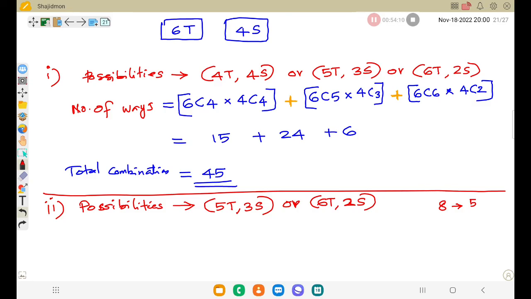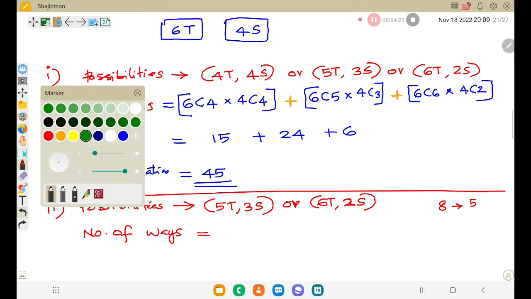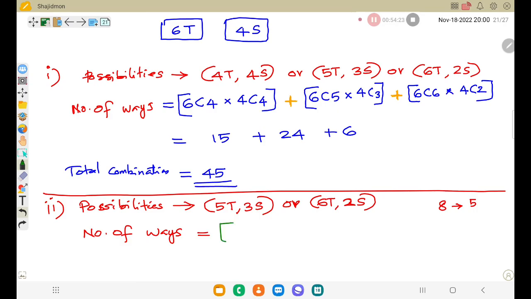I hope you understood. Now write the number of ways. Total number of ways equals. Now we can form 5 teachers, 3 students, or 6 teachers, 2 students. So tell me, 5 teachers means 5 out of 6.